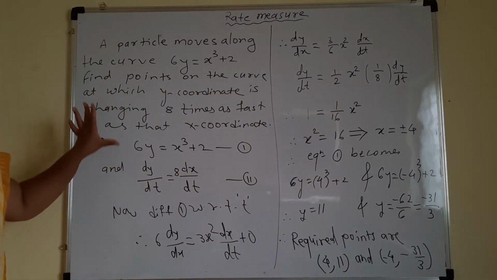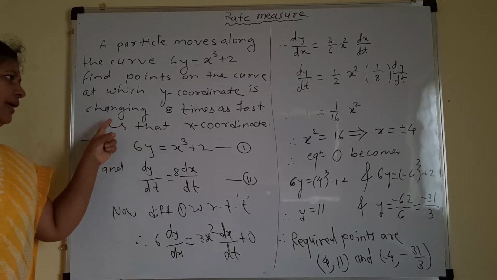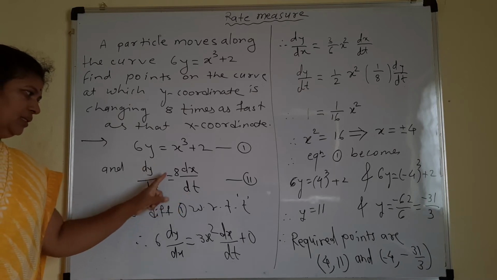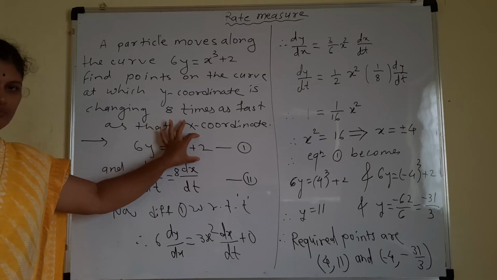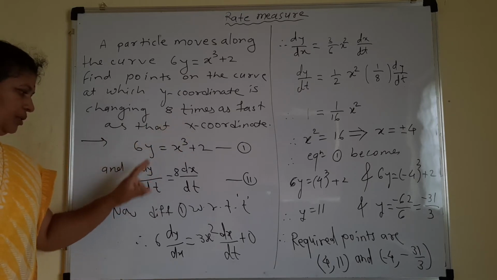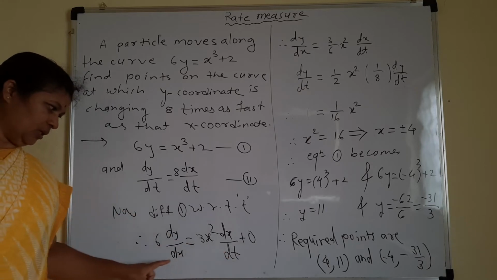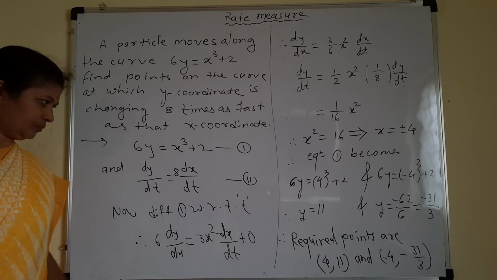Okay, got this? Y coordinate is changing 8 times as fast as that of x coordinate. So dy by dx is equal to 8 times dx by dt. This is the curve given, differentiated with respect to x. We get the relation in dy by dx and dx by dt, so dy by dt and dx by dt.